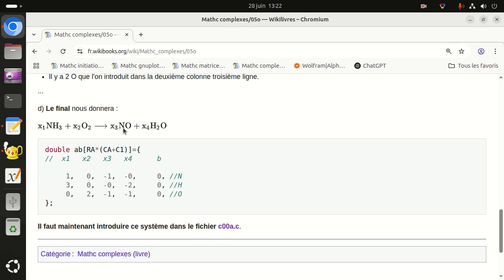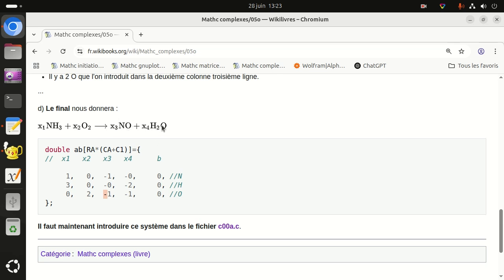Now I must work with the third and fourth elements. Alors, the third element, you have 1 sodium. I put the minus sign because I am on the right of this chemical equation. Now you have 1 oxygen, so I put 1 oxygen. I put the minus sign because I am on the right of this chemical equation.